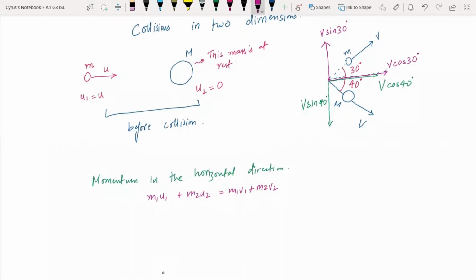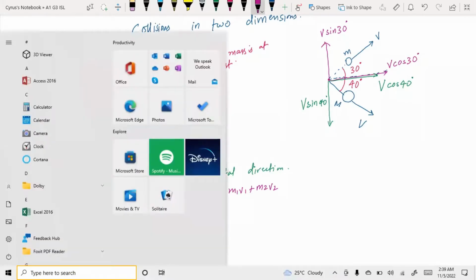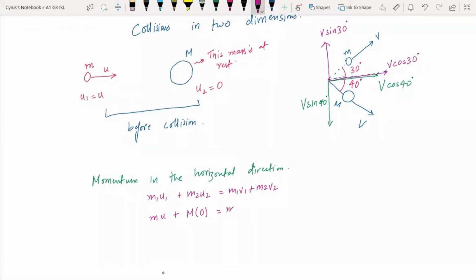So m1 u1 here is m is this, u1 is u, m2 is capital M, u2 is 0. m1 is small m. I'm talking about horizontal direction here. What is v1 here? That is small v cos of 30.